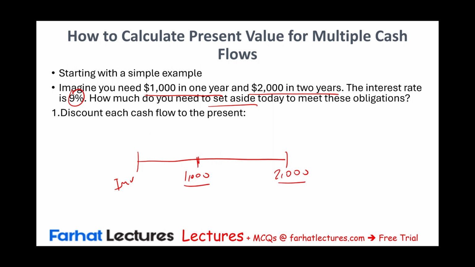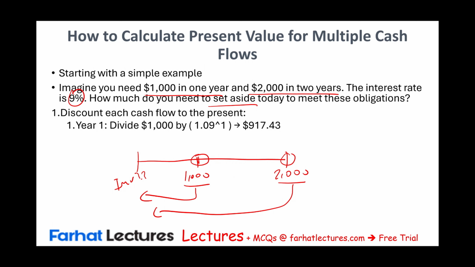So how would you find out how much you will need to invest today so you can withdraw $1,000, then another $2,000? What you will do is find the present value of those two payments. Well, how do you find the present value? We'll take 1,000 divided by 1.09 raised to the 1st power, or we can go to the table, which I will show you next.